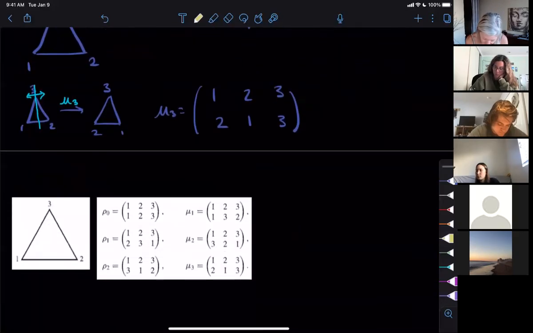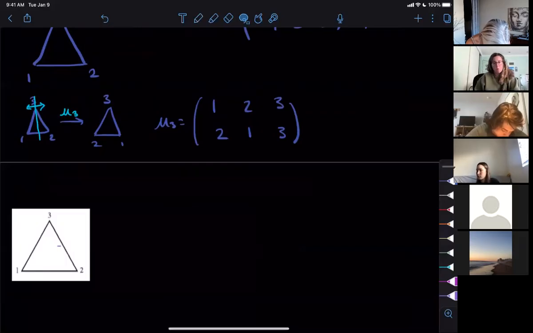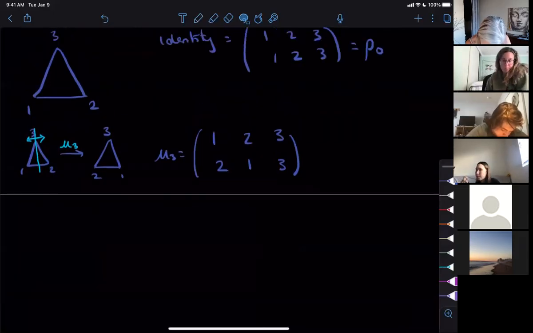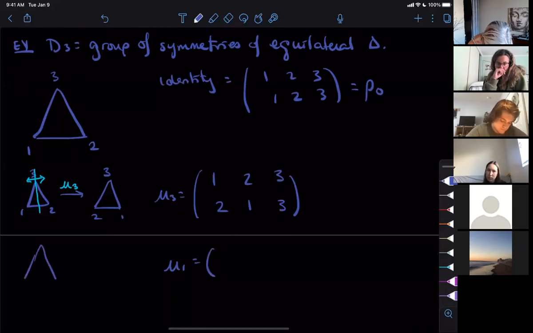So I don't need to have these anymore. You can do other ones of them. You could do like mu1, which is mirror reflection across the axis that goes through 1.